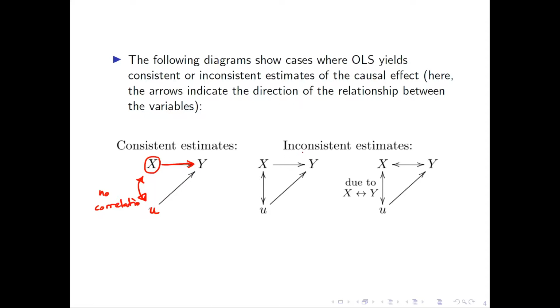And here we get inconsistent estimates because there is a correlation, which is different from 0, between the error term and the included x variables. This is due to omitted variables, or it could be measurement errors.